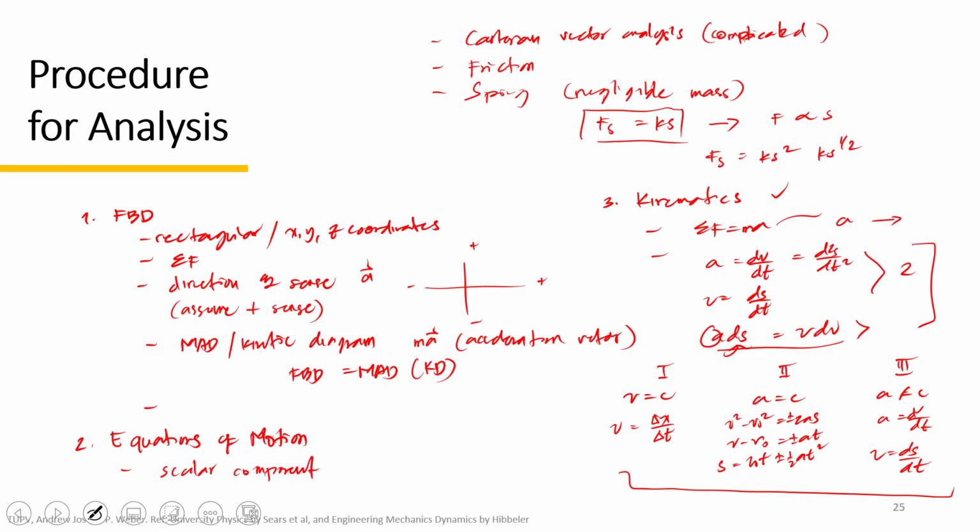So if the final solution yields a negative sign, it just means that the original assumed sense of direction of the particle is actually in the opposite direction.